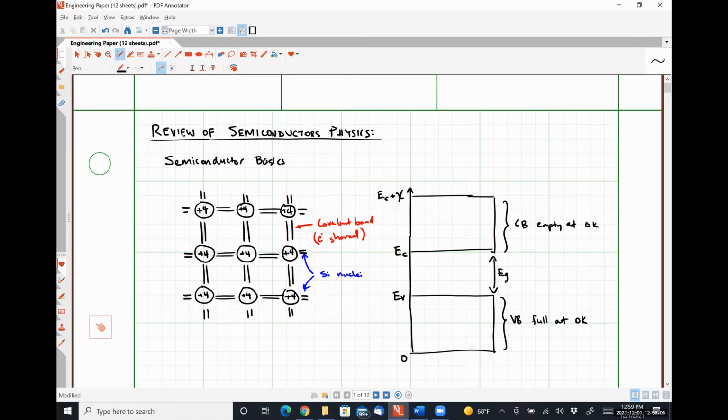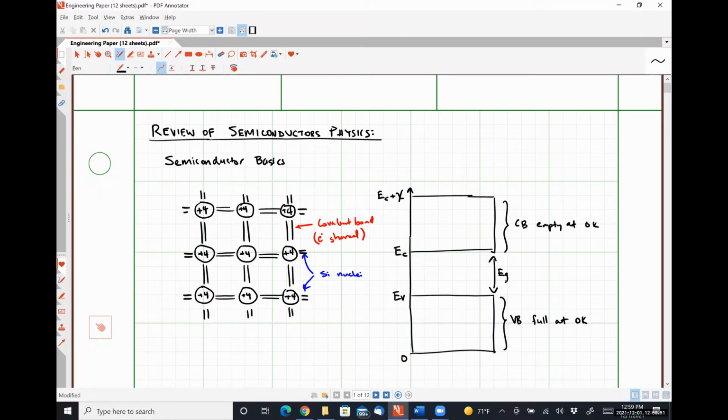They want to be at a low energy state, so they're all hanging out in these literally billions and billions of discrete energy states that make up the valence band until they get enough energy to jump across this gap, leaving an electron available for conduction, so a free electron in the conduction band, and a hole available for conduction in the valence band, right? For silicon, the band gap is 1.12 electron volts. Don't expect you guys to remember that. I'll give it to you in tables for all your problems.